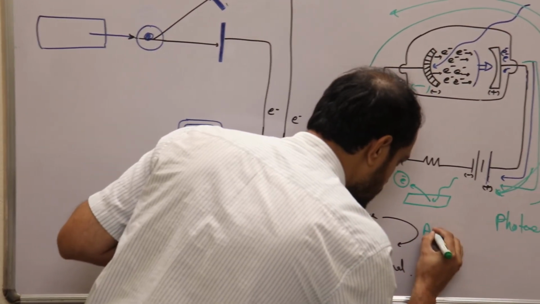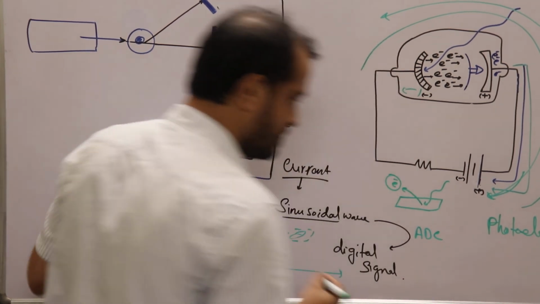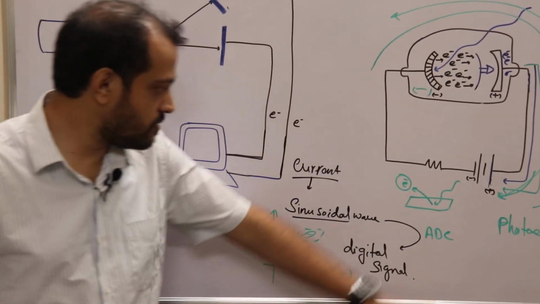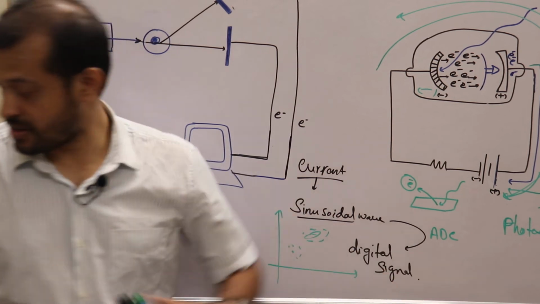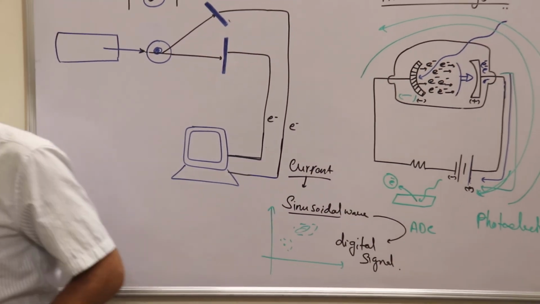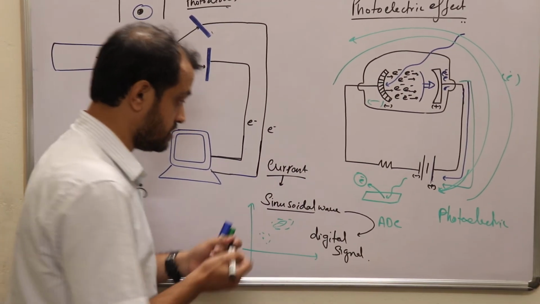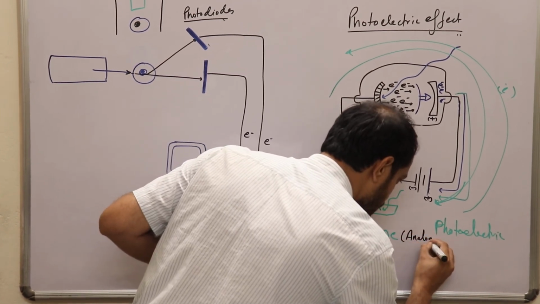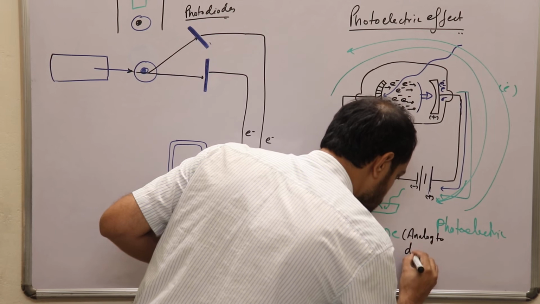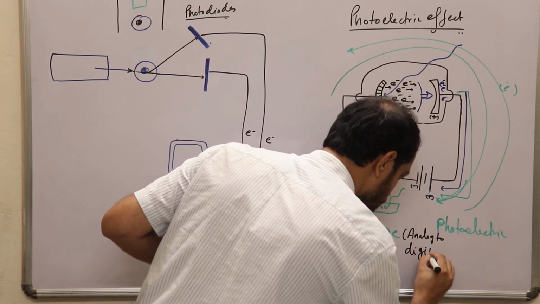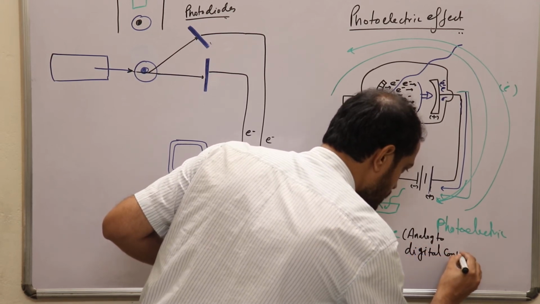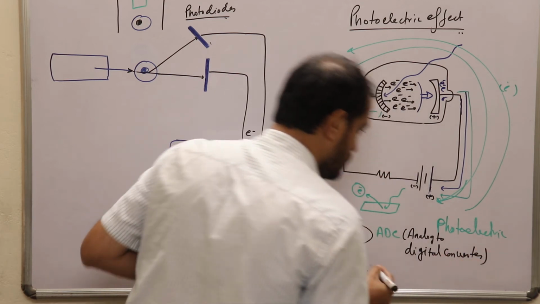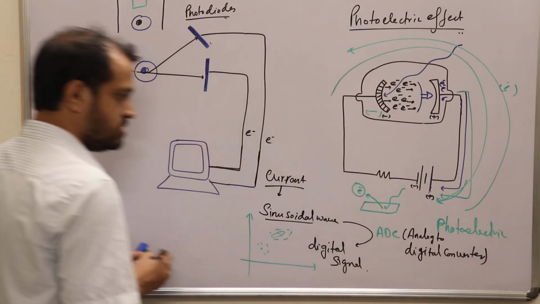The full form of ADC is analog to digital converter. ADC stands for analog to digital converter.